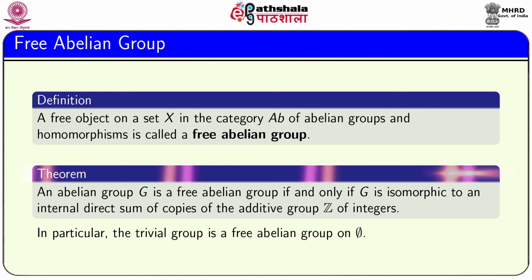It can be shown that an abelian group G is a free abelian group if and only if G is isomorphic to an internal direct sum of copies of the additive group Z of integers. In particular, the trivial group is a free abelian group on the empty set.